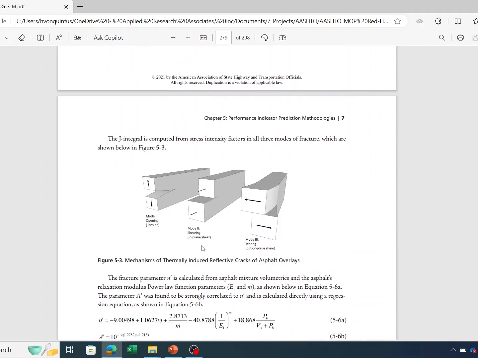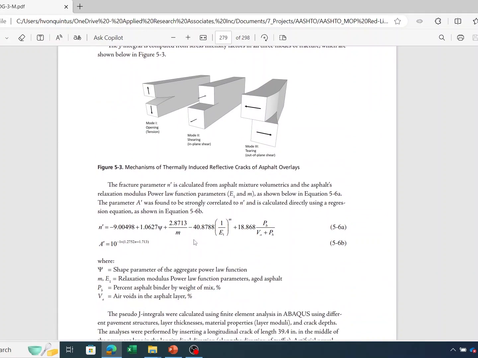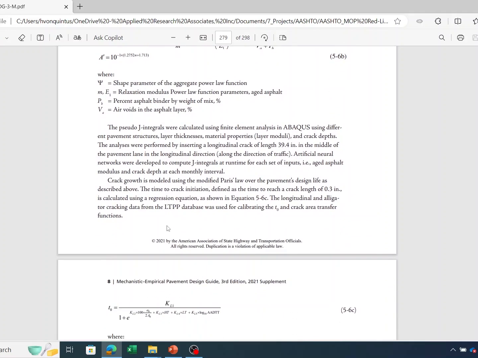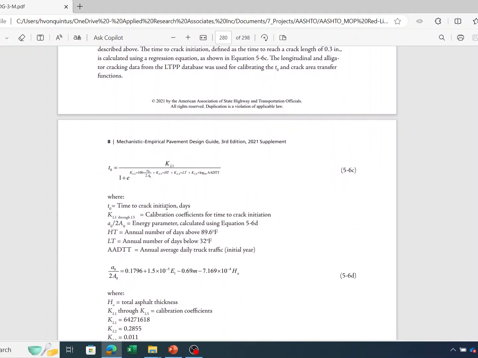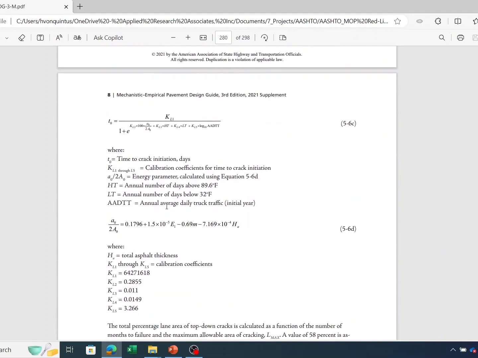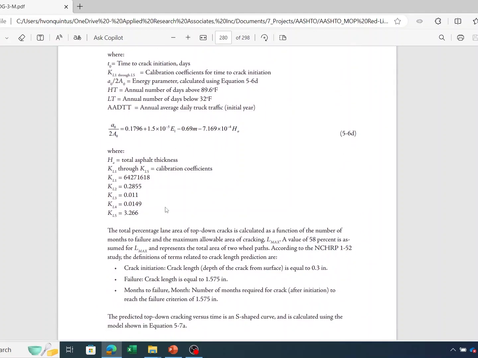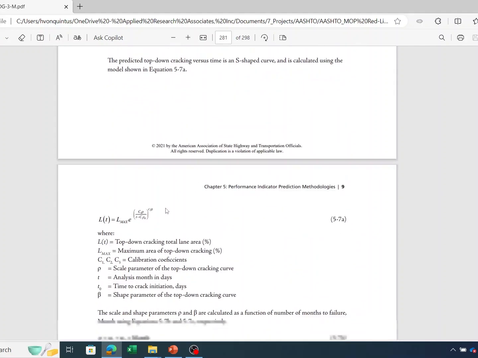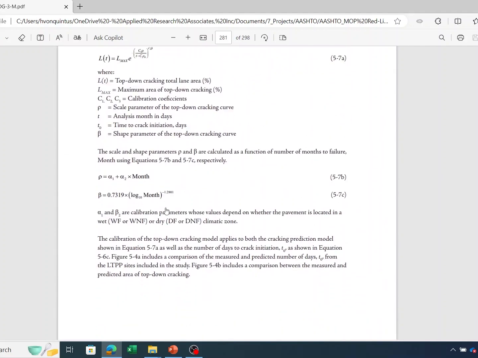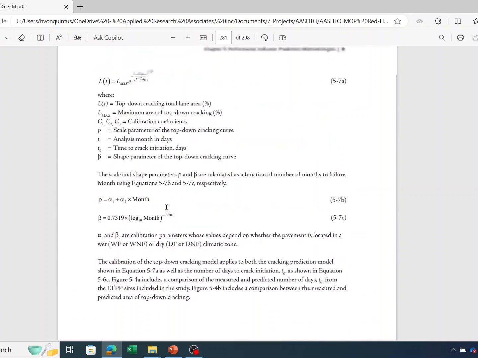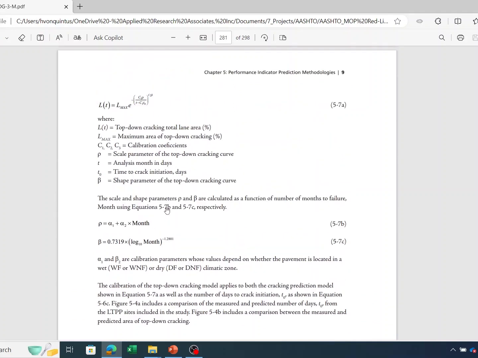So the designer is encouraged to review this supplement so that he or she understands the mechanisms and transfer functions that are used to predict top-down fatigue cracks in flexible pavement design.